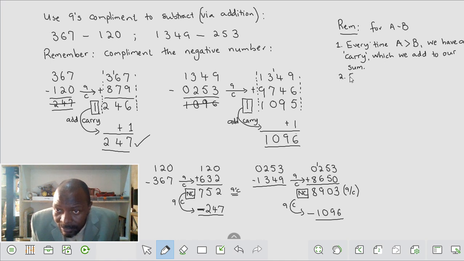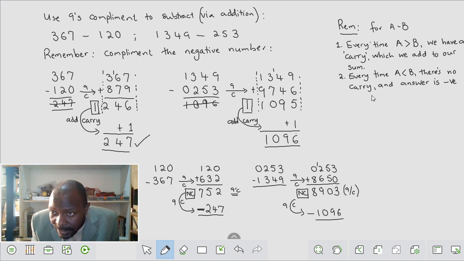2, every time, remember these important things, every time A is smaller than B, there's no carry, and the answer is negative, and therefore in 9's complement form.